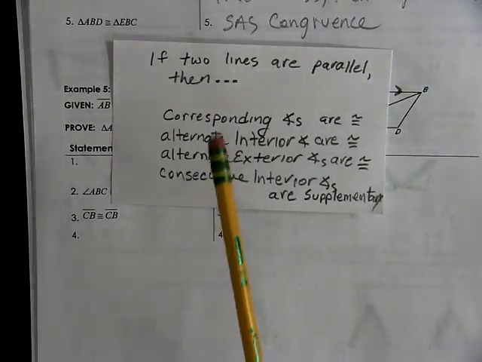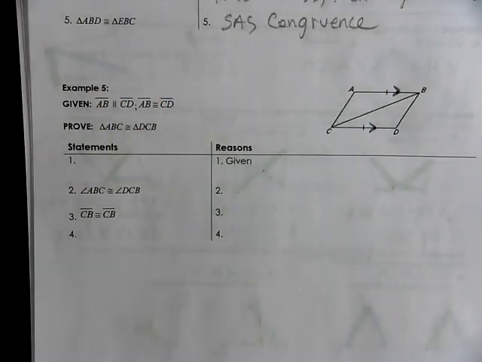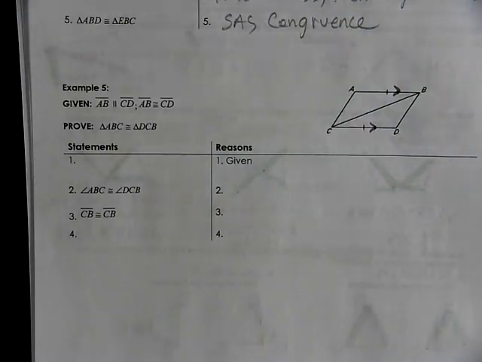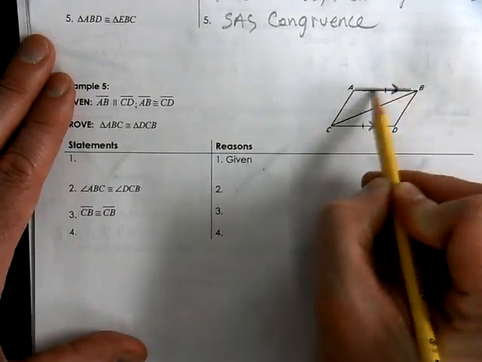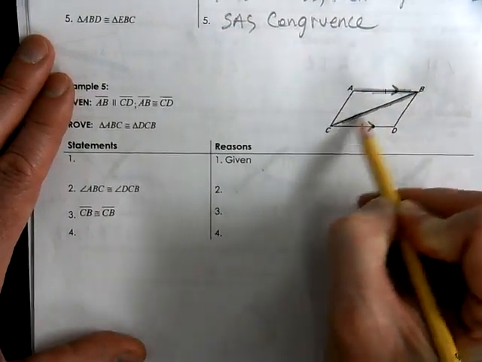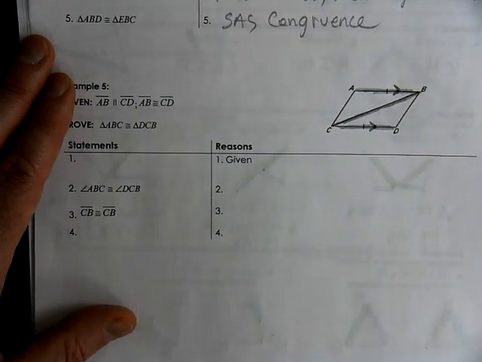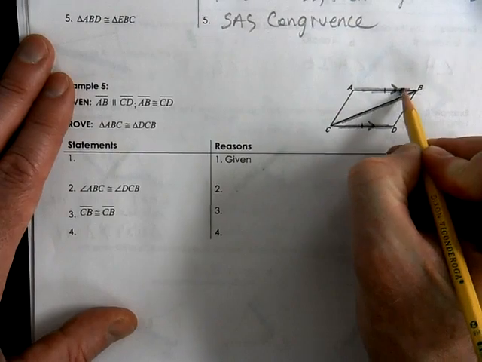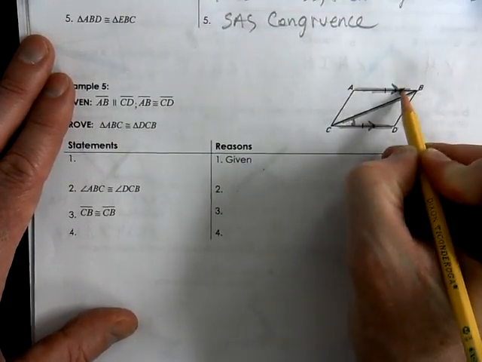Can you find one of these sets of angles? The very popular type right now, we're going to have it a lot, is going to be formed by the zigzag. And that creates alternate interior angles. Those are going to be congruent.